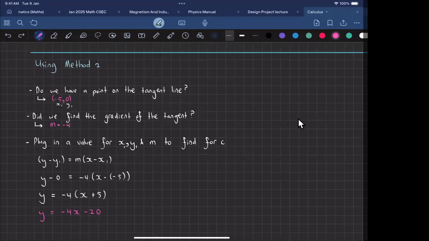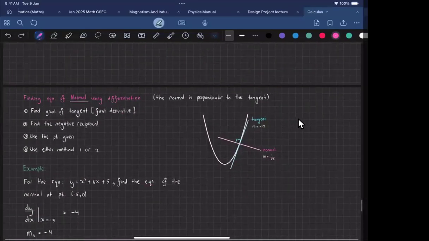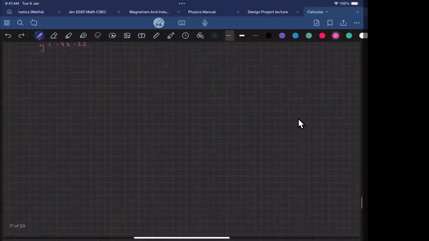Kiara, Kirsten, have you copied down everything? Yeah. Okay, cool. Right. Now we're going to find the equation of the normal using differentiation. Now here's the trick. Aliyah, when we differentiate, what are we finding the equation for?